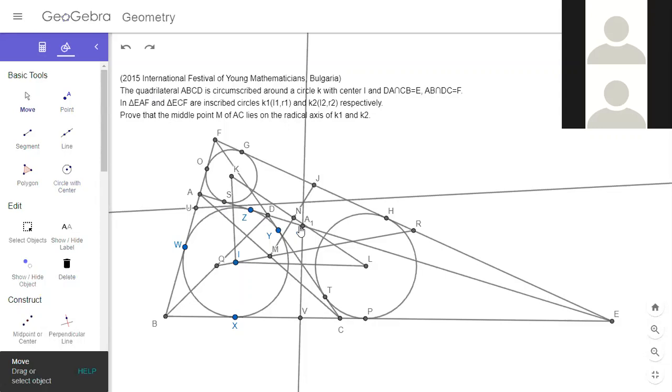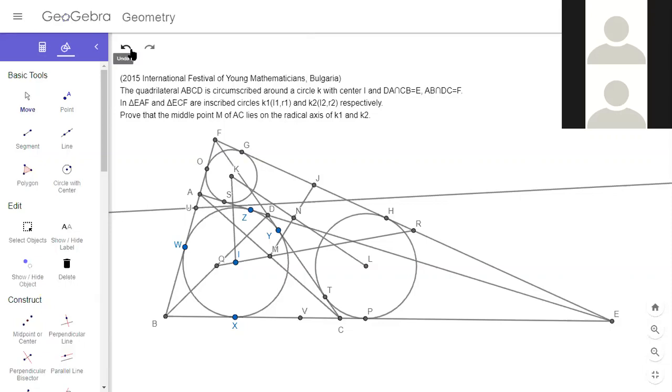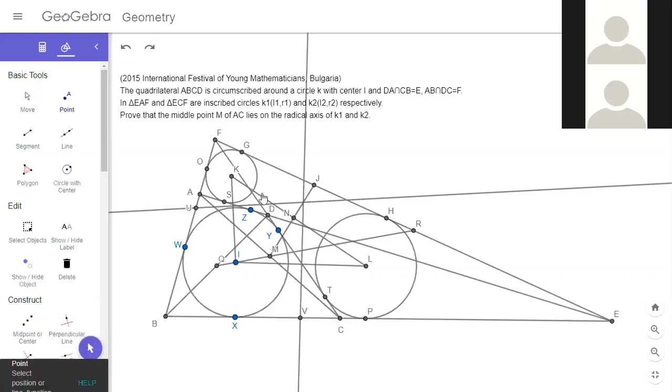The radical center should be on MJ. Oh, it should be on IJ, is what you're saying. It's on MJ, I'm sorry, it should be on MJ. So let's see what I did wrong. Actually, it is now. You just didn't see the point. It was the wrong point. Oh, it's right there. So this point is the radical center.